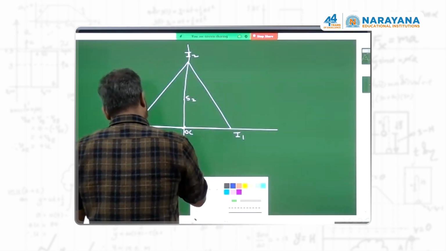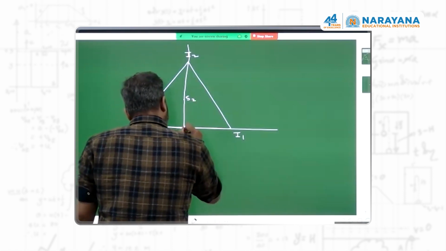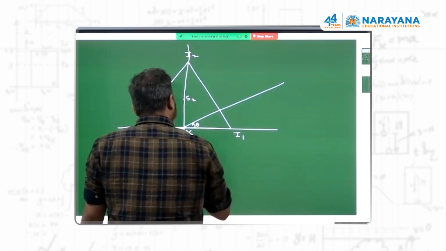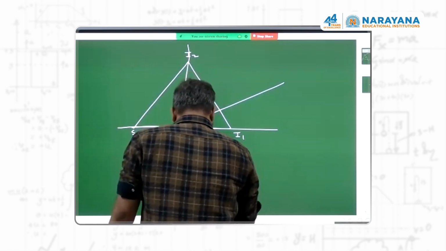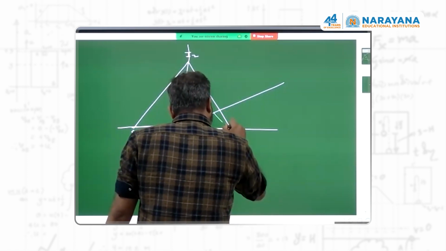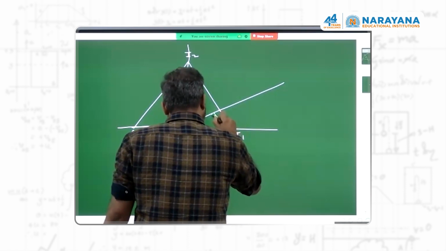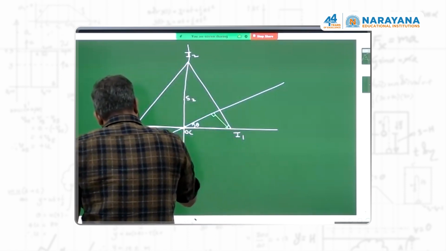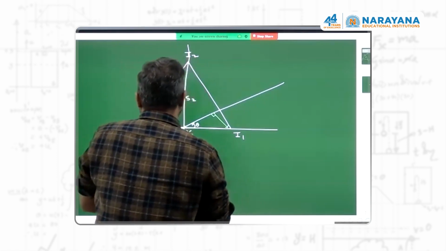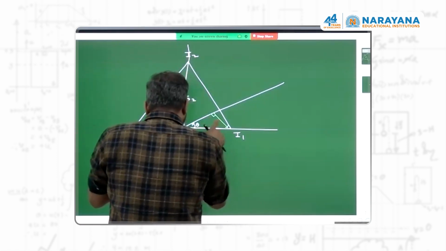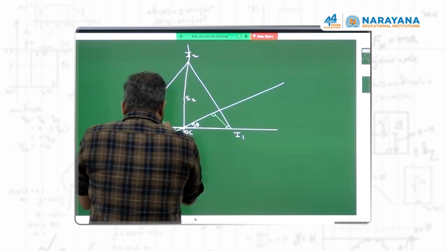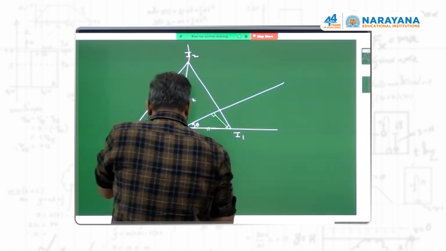First of all, I thought this is a general principal axis at an angle of theta. Now with respect to this, you can draw your image like this. Let's say this is the image. This angle is 90 and this is the source again at an angle of 90. One thing you need to understand here, this angle is theta, this is theta, because this edge and this edge are equal.